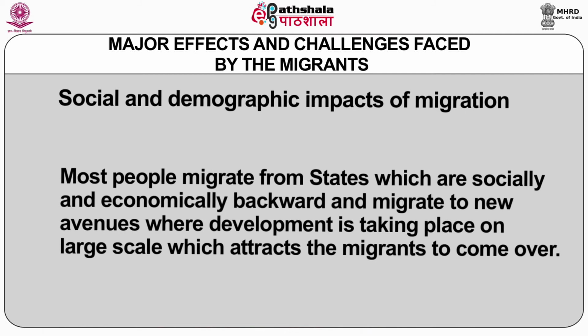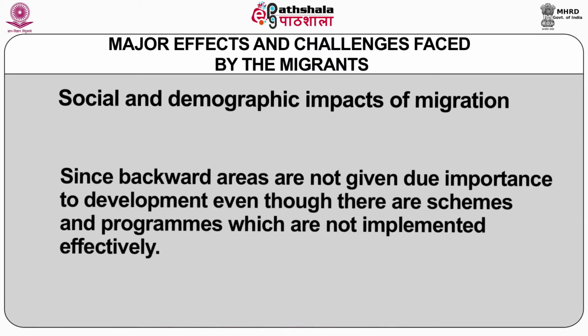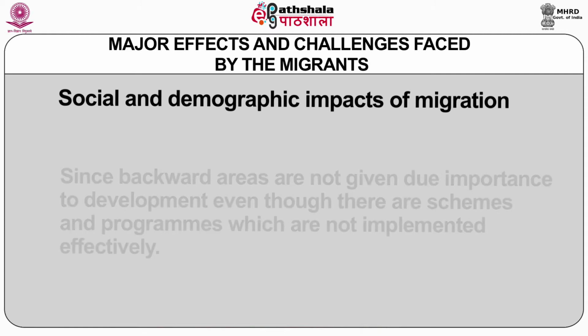Most people migrate from states which are socially and economically backward and migrate to new avenues where development is taking place on a large scale, which attracts the migrants to come over. Since backward areas are not given due importance in development, even though there are schemes and programs, they are not implemented effectively.